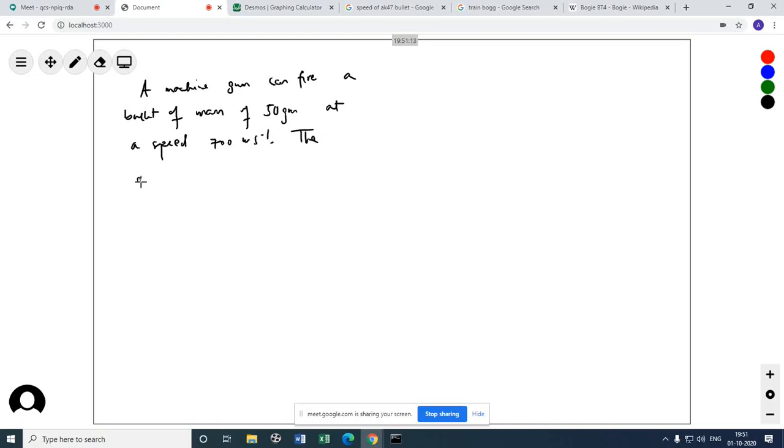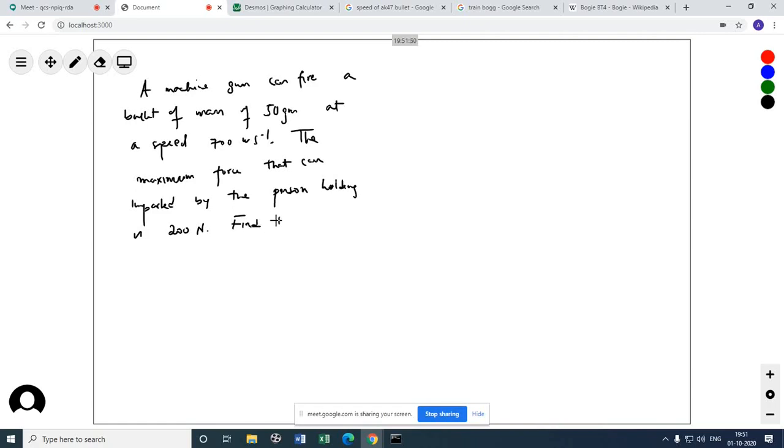The maximum force that can be imparted by the person holding is 200 Newton. I am just saying like that, 200 Newton.